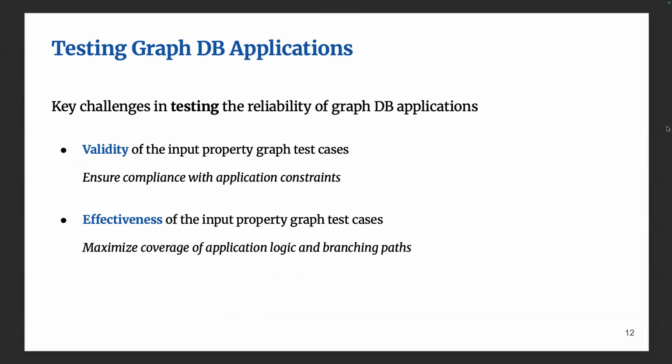There are two things that are challenging. First of all, one needs to be able to produce valid input property graph test cases to ensure compliance with the application constraints. And second of all, we want to be effective when it comes to testing, so we want to maximize the coverage of the application logic and the branching paths that we have.